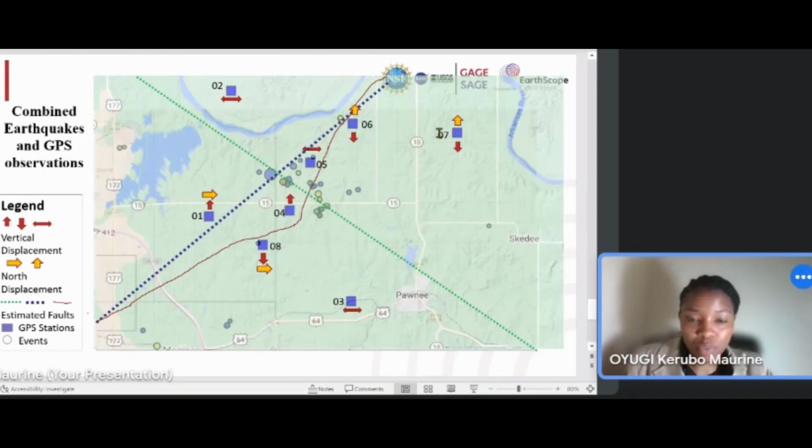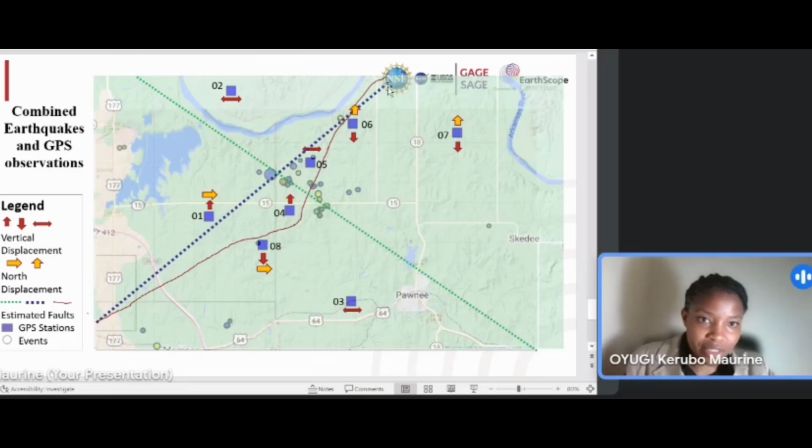For the north displacement, for instance, we see that stations such as 06 and 07 have an up arrow indicating that they are moving towards the north, while stations such as 08 and 01 have a horizontal arrow indicating that they are quite stable. Therefore, we also see that this region is divided into two regions, and we estimate our fault using the green dotted line.